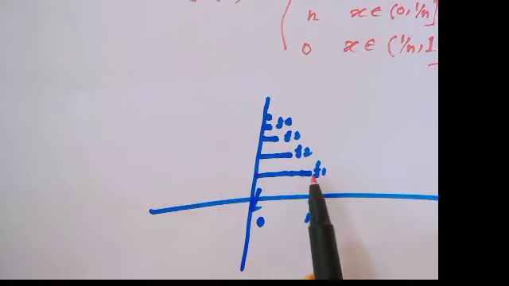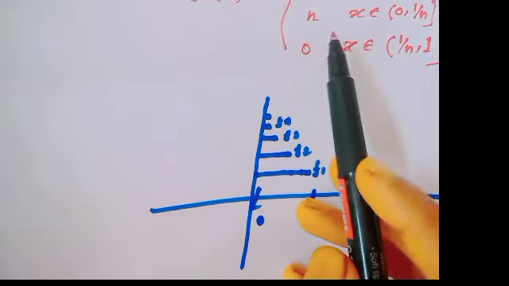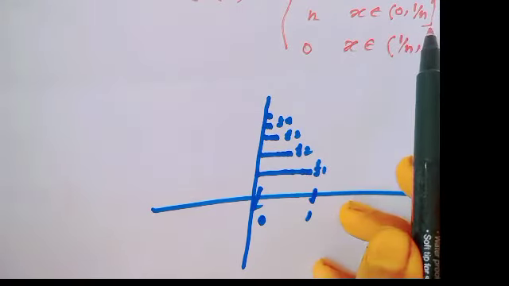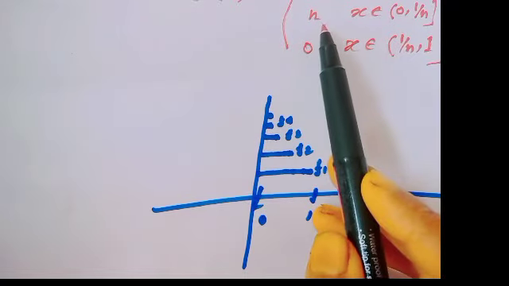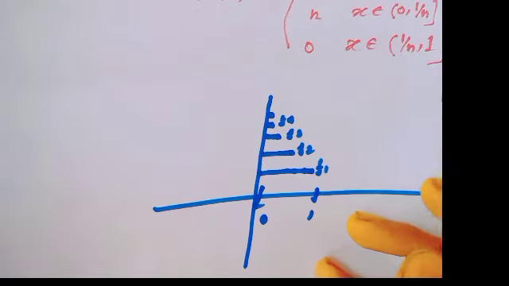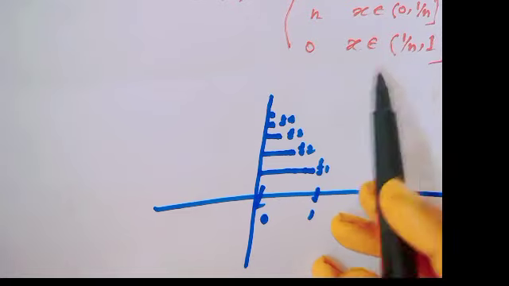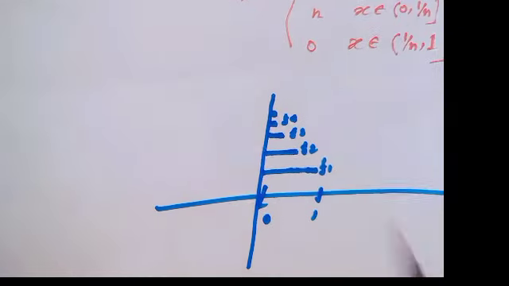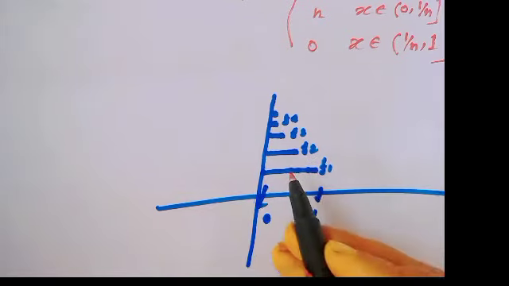That means this would be f1, and f2 would be, when x lies between 0 to half, the value of the function is 2, and after that, from half to 1, the value of the function is 0, and at the point x equals 0, the value is 0.